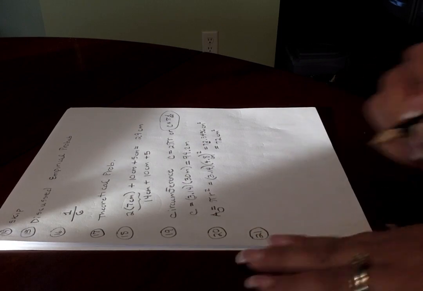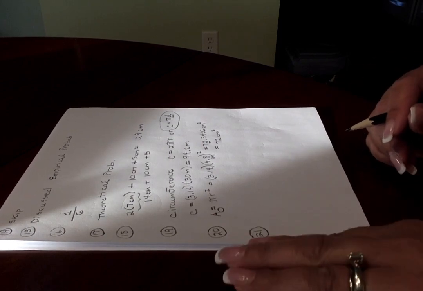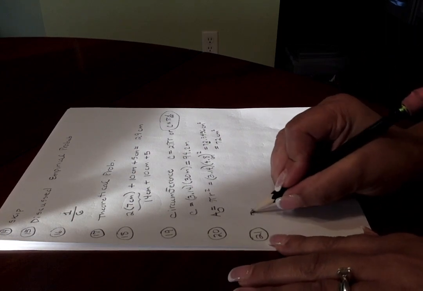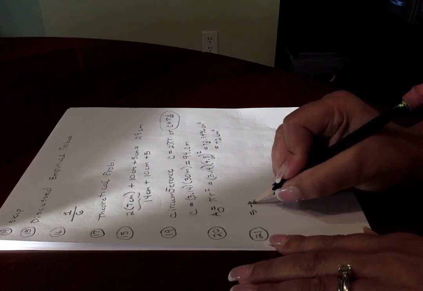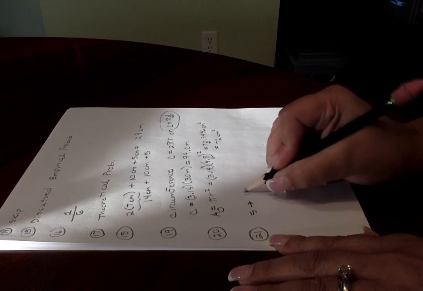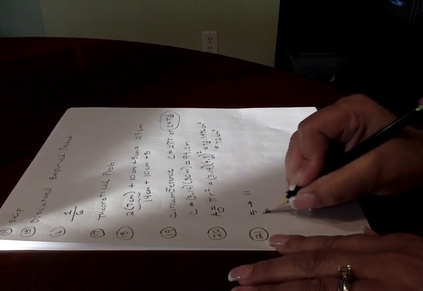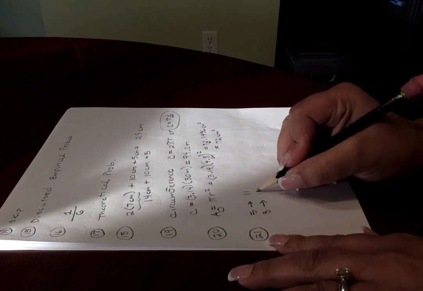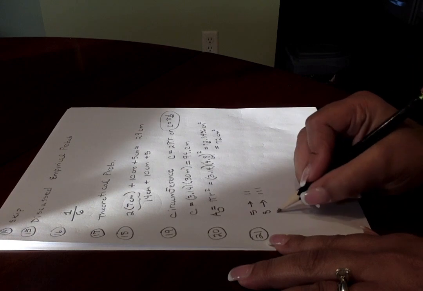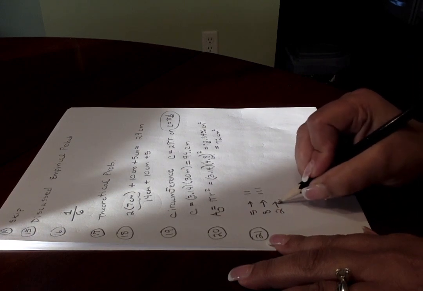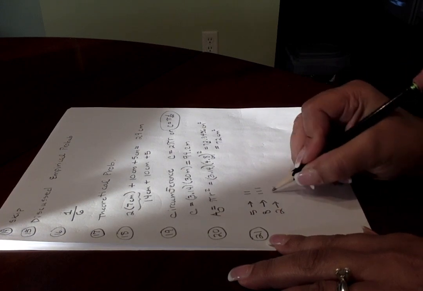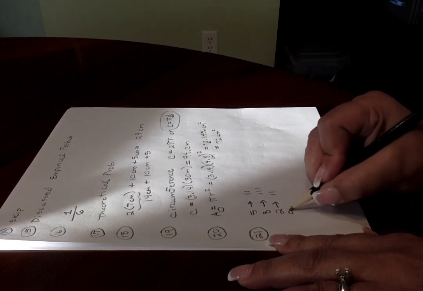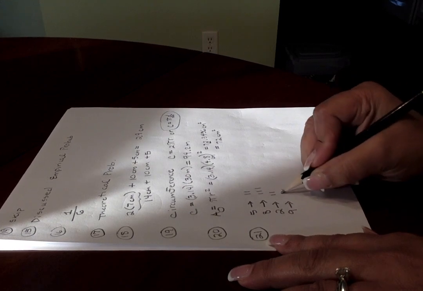Problem 21, it says to find the mode. So you have the number 5, which occurs twice. Then you have the number 8, which occurs 1, 2, 3 times. Then you have the number 2, that occurs 1, 2 times. Then you have the number 9, which only occurs once.